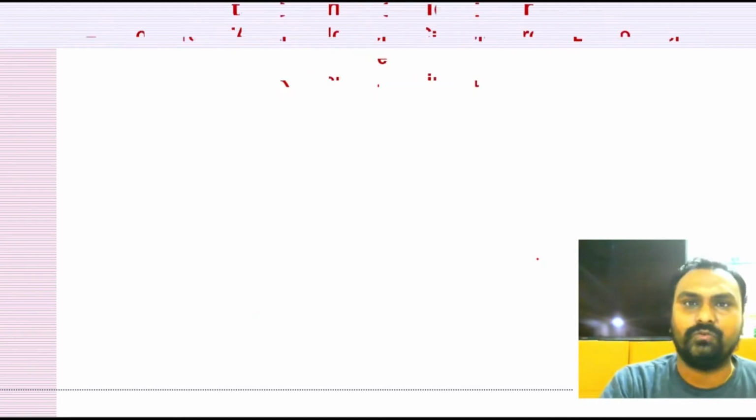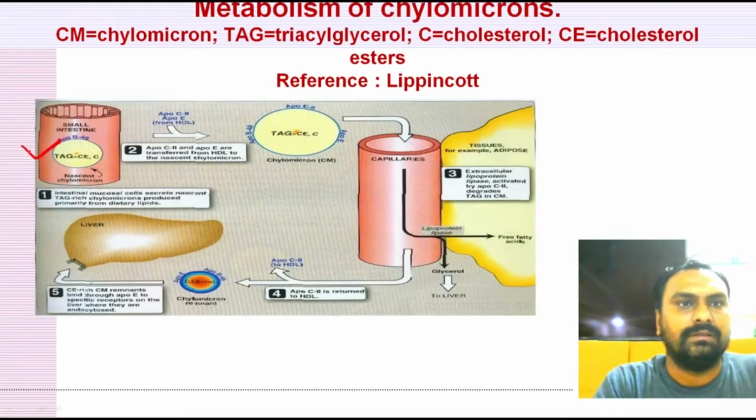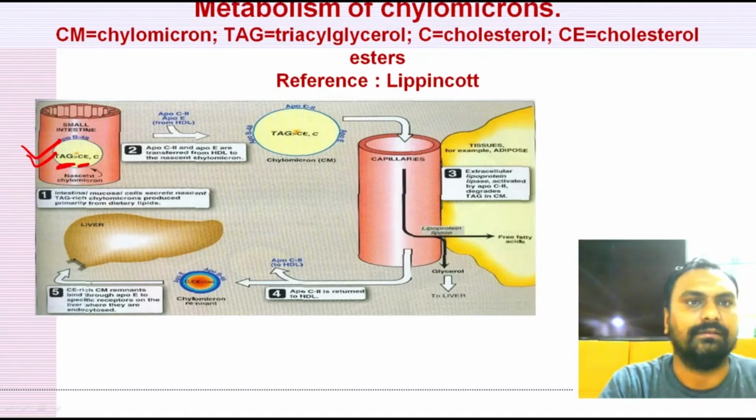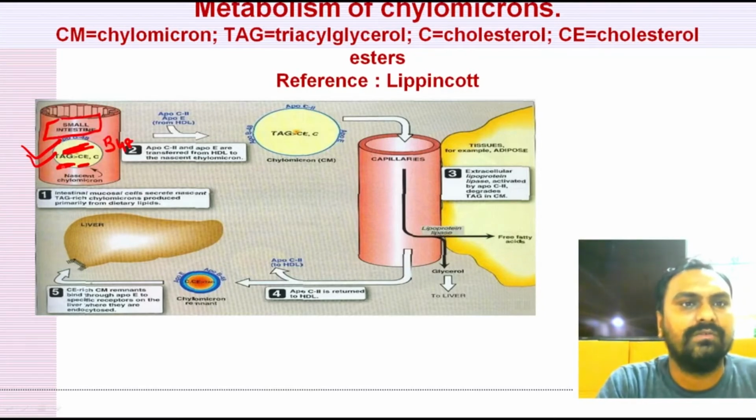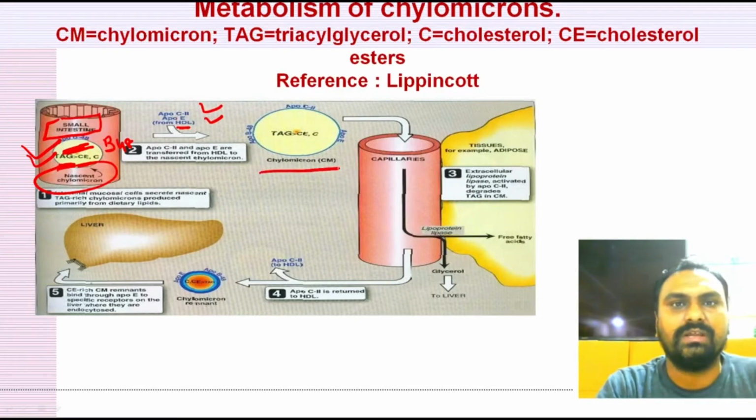If I show you the diagram, you can see here the dietary lipids contain triglyceride as the major portion, and a small amount of cholesterol ester. ApoB48 along with the triglyceride and cholesterol ester will form the nascent chylomicron. Then ApoC2 and ApoE are donated from HDL and it will form the mature chylomicron.